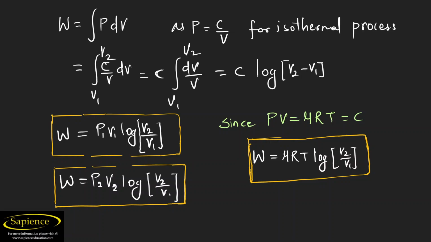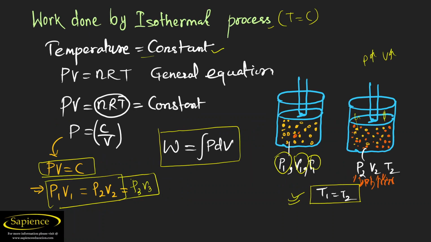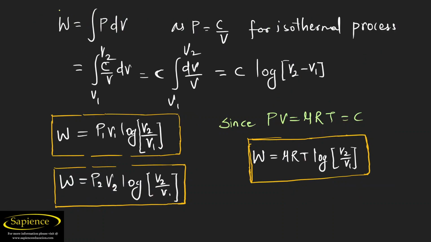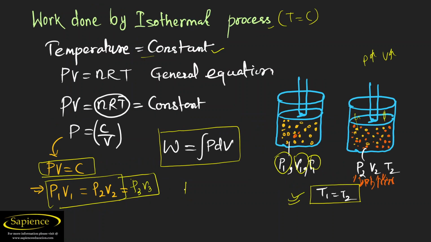Now we need to find the work done by the isothermal process. Work done is equal to the integral of P dV. As we know that PV is equal to constant, P can be written as constant divided by volume.